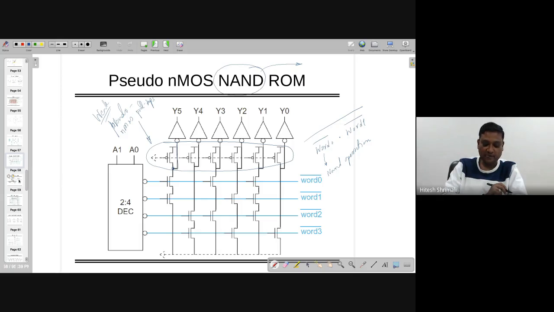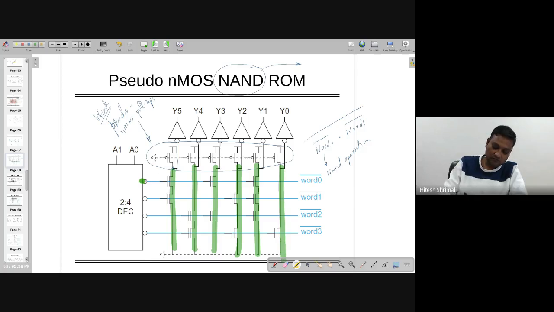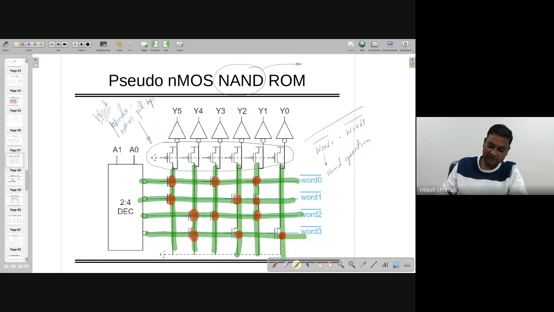So this is a very simple thing, and accordingly you can find out its dot diagram also if you wish. Wherever the transistor is, you are going to make the dot. That will tell you where the transistor is, and whether it's going to be on or off.